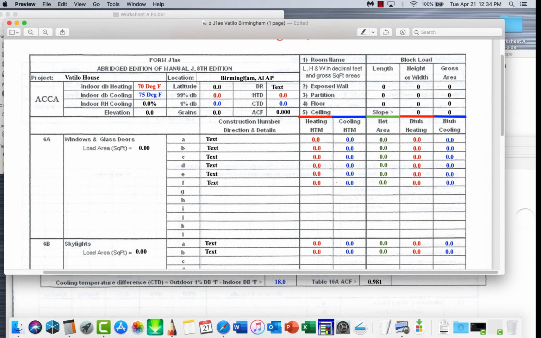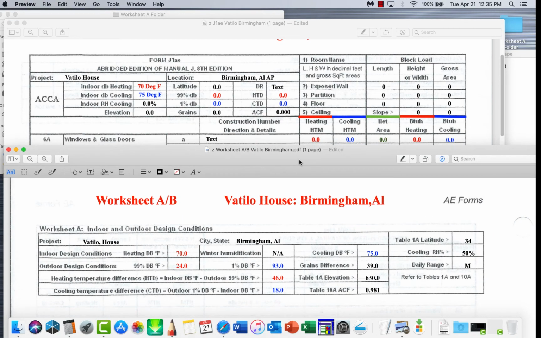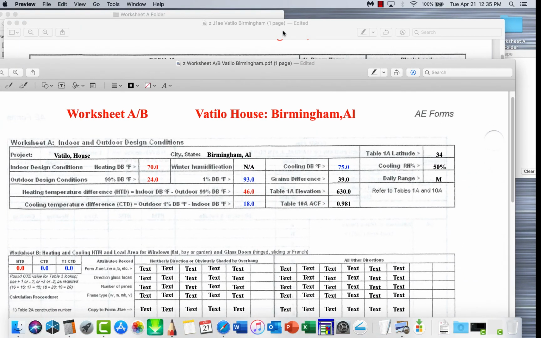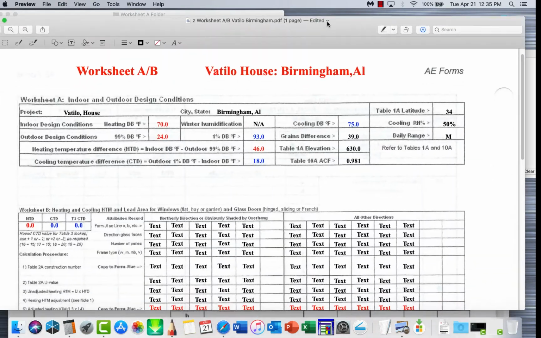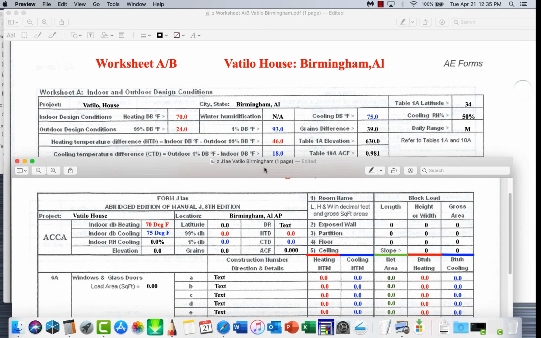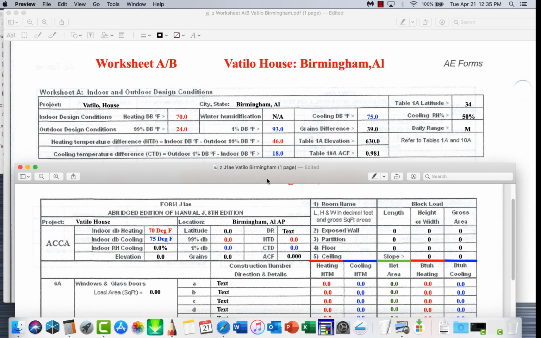Now, Worksheet A basically fills in everything right here. There's your altitude correction factor, there's your indoor heating, latitude, daily range, all that. So let's transpose these numbers over here where we can actually see them. And I'm going to pull this one down and put this one up here, so that way we can transpose without having to click back and forth.